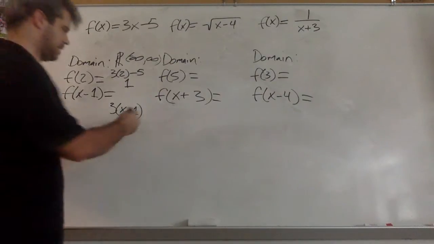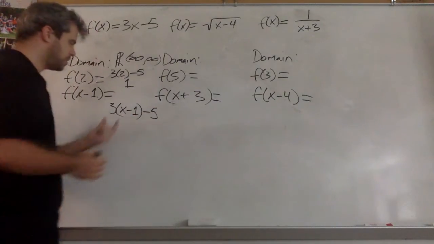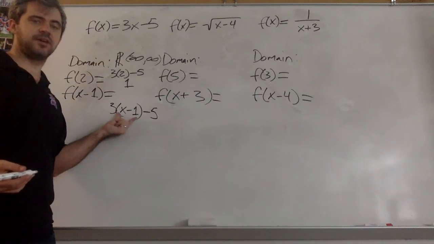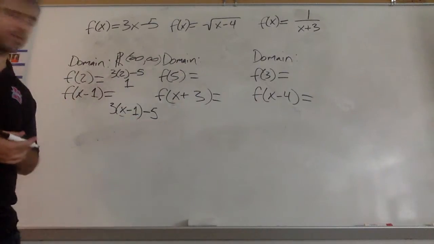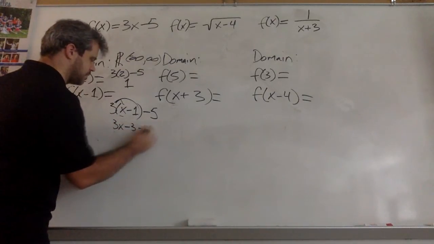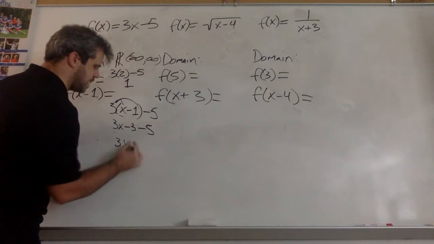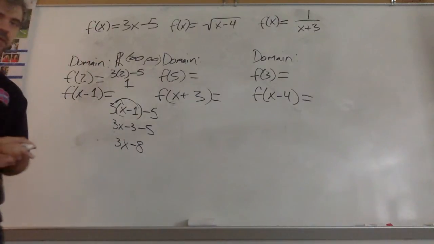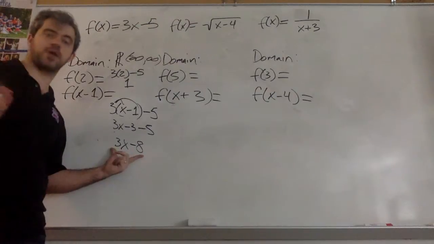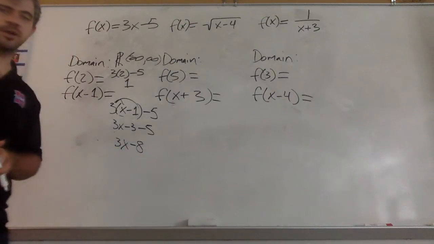And then I just finish. So instead of having my x there, I had x minus 1 because that's what it asked for. So I'll distribute this, 3x minus 3 minus 5, 3x minus 8. So f of x minus 1 is an expression, not just a number.